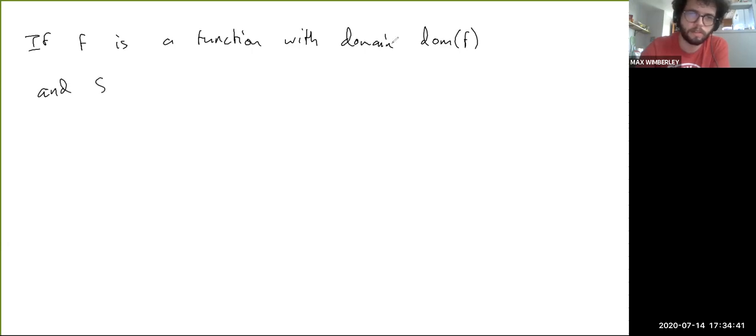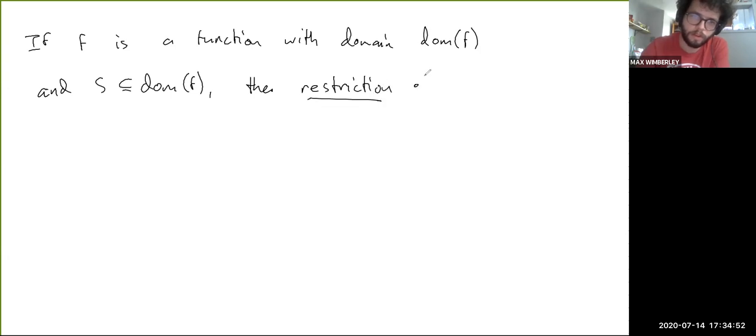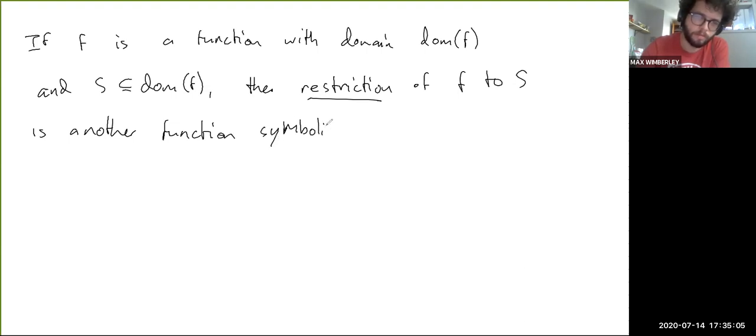if S is any subset of the domain of f, the restriction of f to S is another function which we symbolize by f, with a vertical line and then S as a subscript.